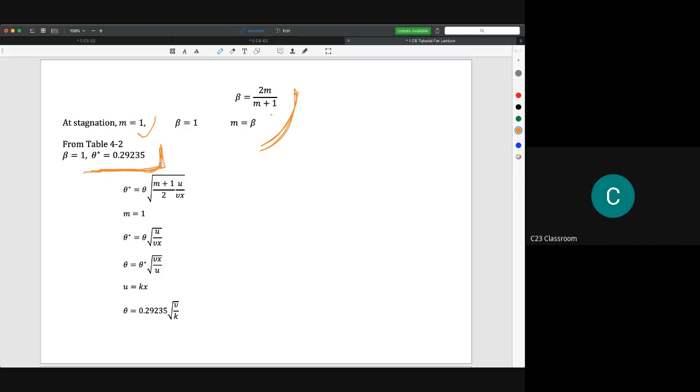All of this is basic data from the previous calculation. We substitute the value of m, so we can cancel 2 over 2, which becomes 1. Then we change into theta, which is equal to theta star. We substitute u equal to kx, and finally we get theta equal to 0.29235 square root of nu over k.